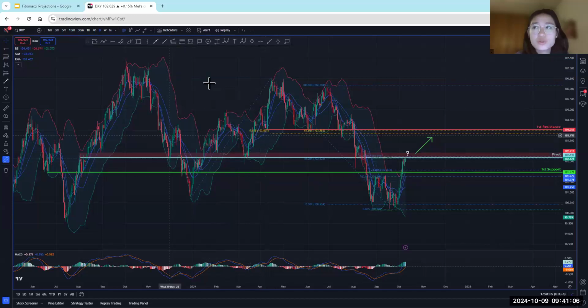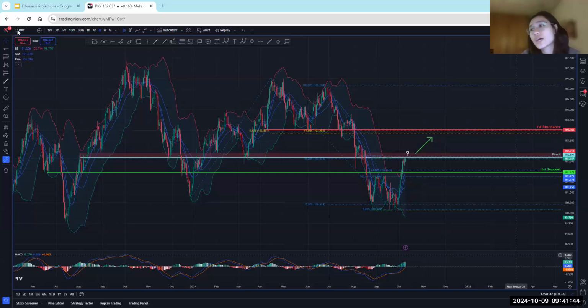And on MT4, you can also adjust the settings and look at specific levels. Okay, any questions about this? No. Okay, let's look at another chart.